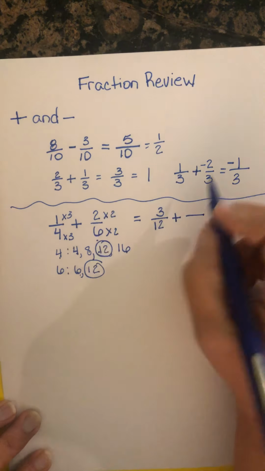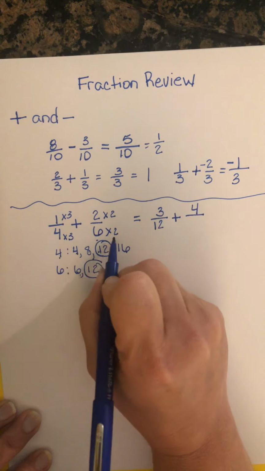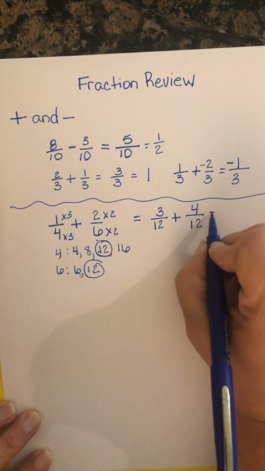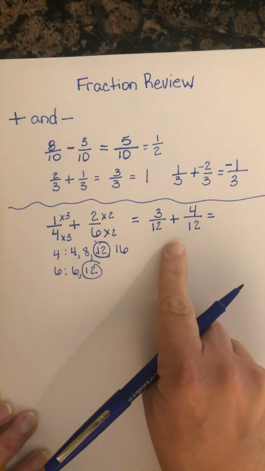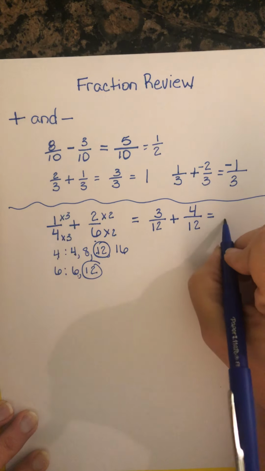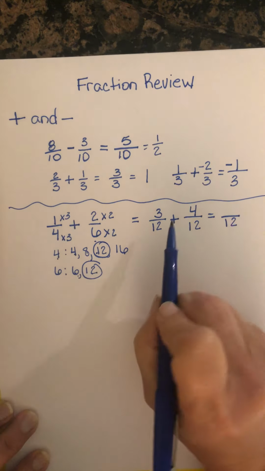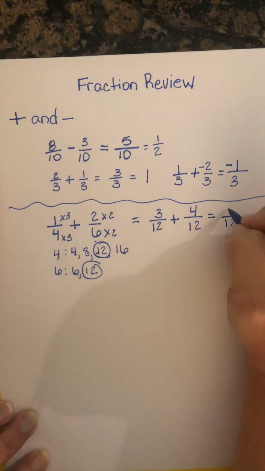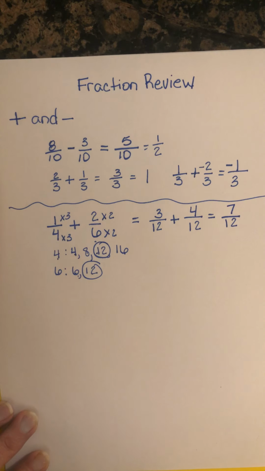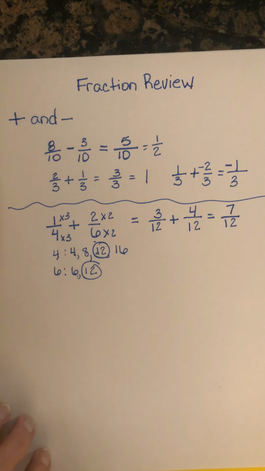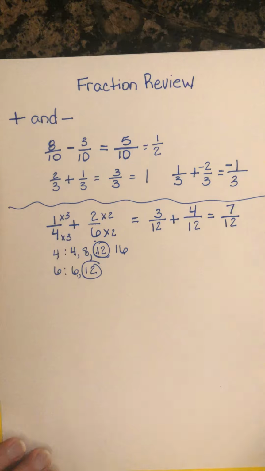Plus 2 times 2 is 4. 6 times 2 is 12. So now since I have a common denominator, the only thing I have to do is keep my denominator and do the top. 3 plus 4 is 7. So that's all you have to do when you do not have a common denominator. Make sure, if possible, you go ahead and simplify.